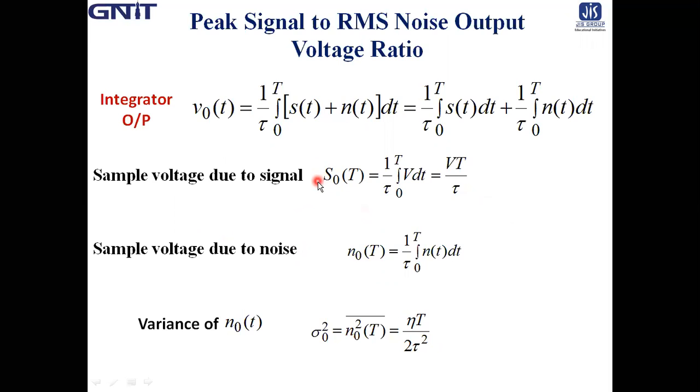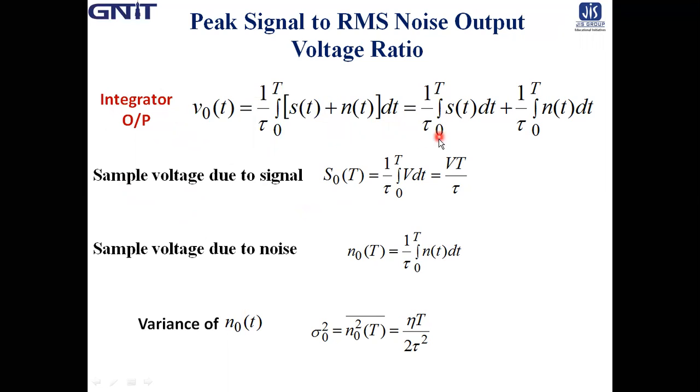The integrator yields an output which is the integral of its input multiplied by 1 by RC, which is called tau. Then we have the output of the integrator, say v0(t) equal to 1 by tau integration 0 to t of s(t) plus n(t) dt.